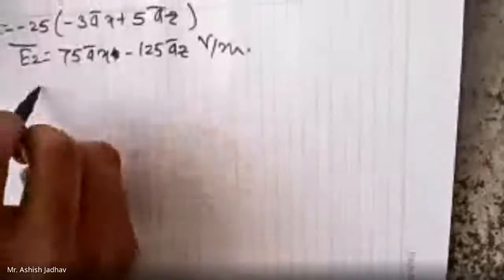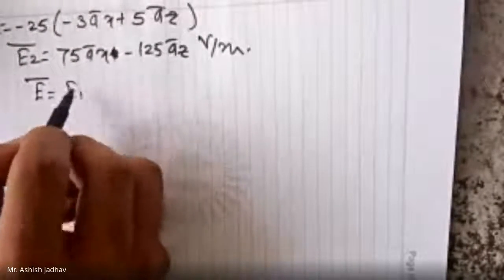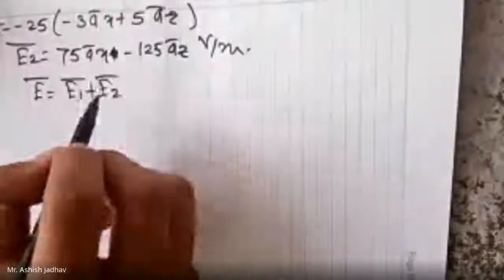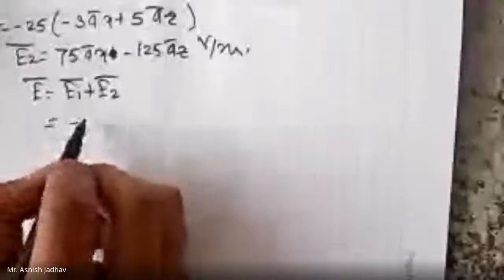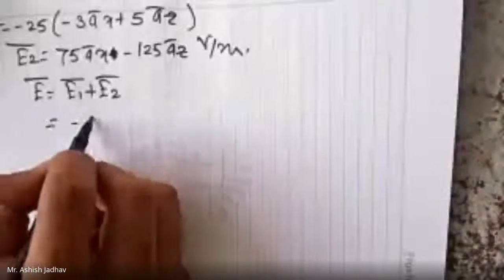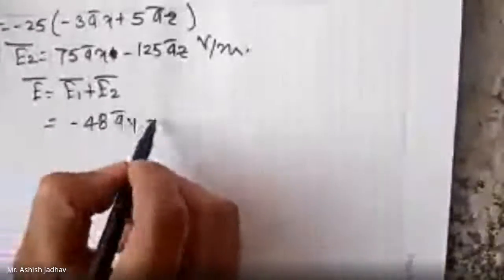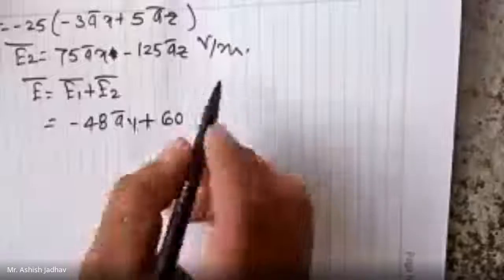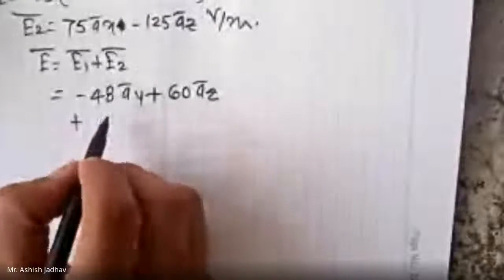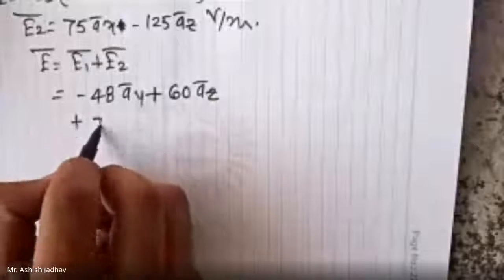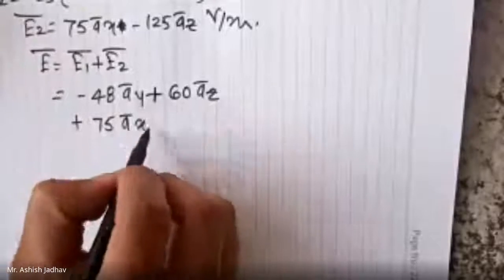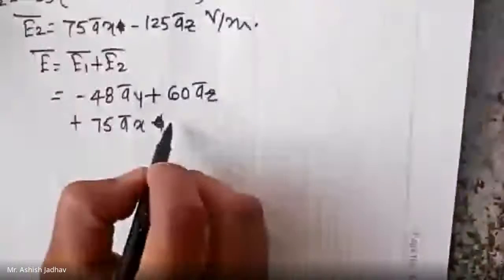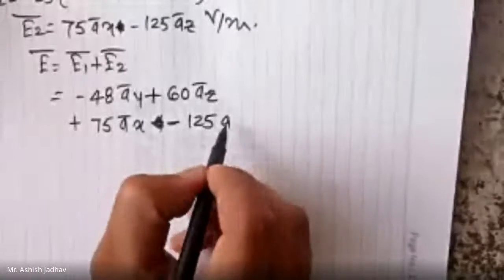So finally you have to calculate the total electric field, that is equal to E1 bar plus E2 bar. E1 bar is minus 48 a bar y plus 60 a bar z. Then I can write just below that, because we are taking addition of coefficients, 75 a bar x minus 125 a bar z.